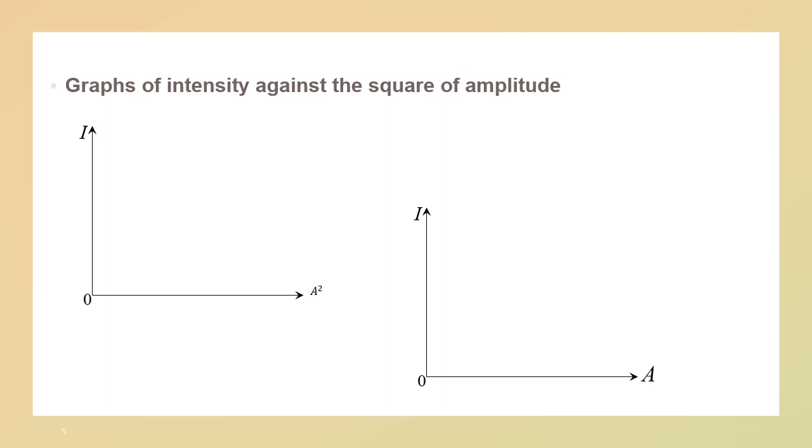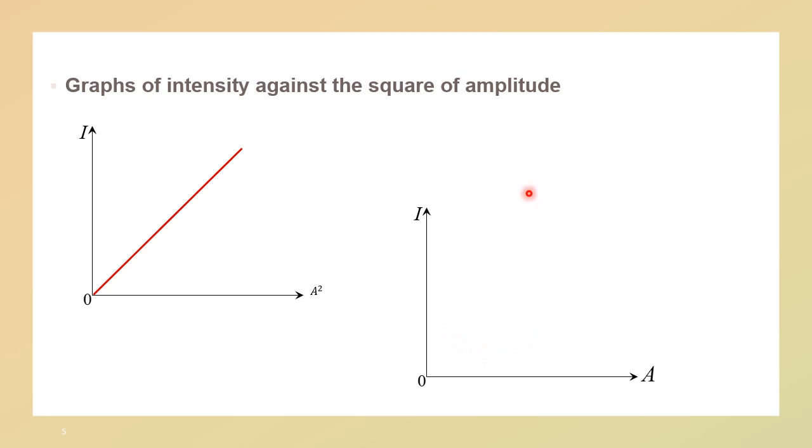Okay, sekarang kita nak tengok graph. So, graphical illustration adalah graph lah. Ada dua graph untuk intensity and amplitude. Pertama adalah graph intensity against square of amplitude, yang mana bentuk graph dia adalah straight line graph, because intensity is directly proportional to A squared.